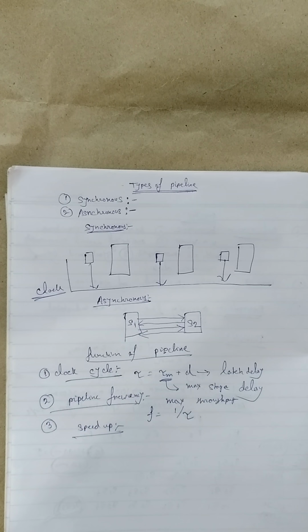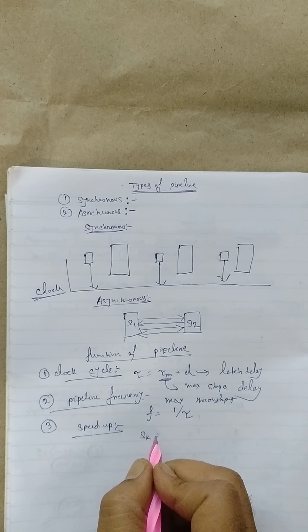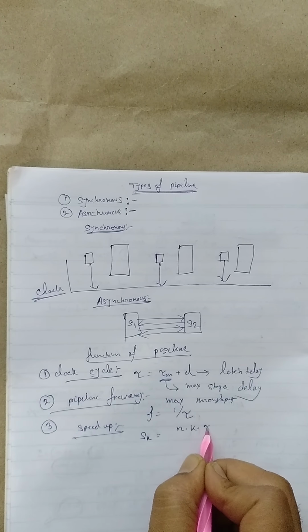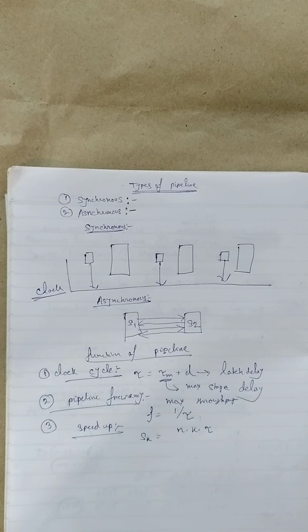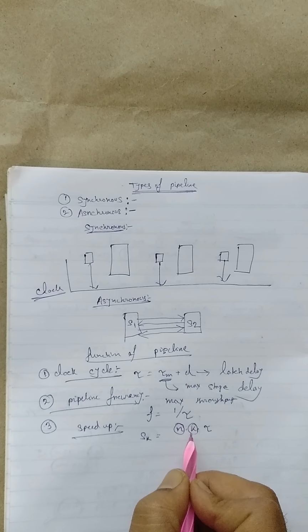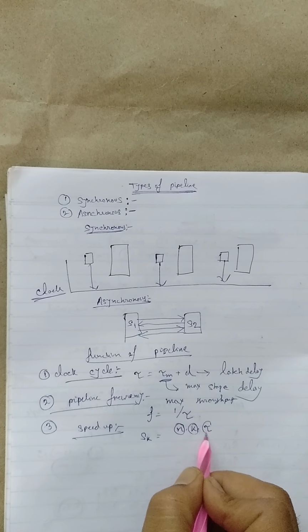Speed up means the time to execute n number of tasks in a k stage non-pipeline processor divided by the time to execute n number of tasks in a k stage pipeline processor. It is denoted as S suffix k. So n into k into tau is the time to execute n tasks, k stages, and tau is your clock cycle.